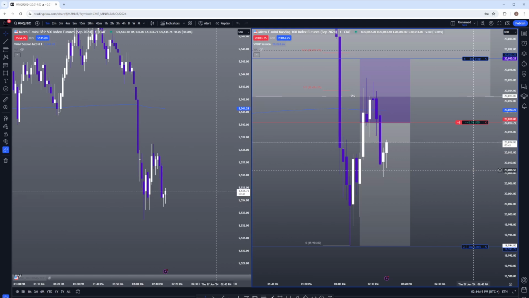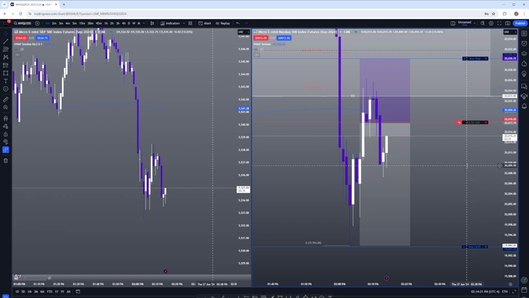Need to see us bounce off this 1 minute. Really want to see us bounce off this 1 minute. Don't want to see us push right through it.